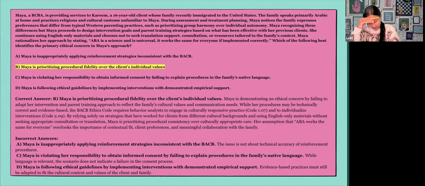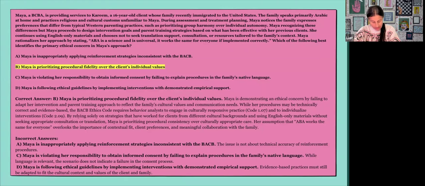Maya is a BCBA providing services to Kareem, a 16-year-old client whose family recently immigrated to the United States. The family speaks primarily Arabic at home and practices religious and cultural customs unfamiliar to Maya. During assessment and treatment planning, Maya notices the family expresses preferences that differ from typical Western parenting practices, such as prioritizing group harmony over individual autonomy.